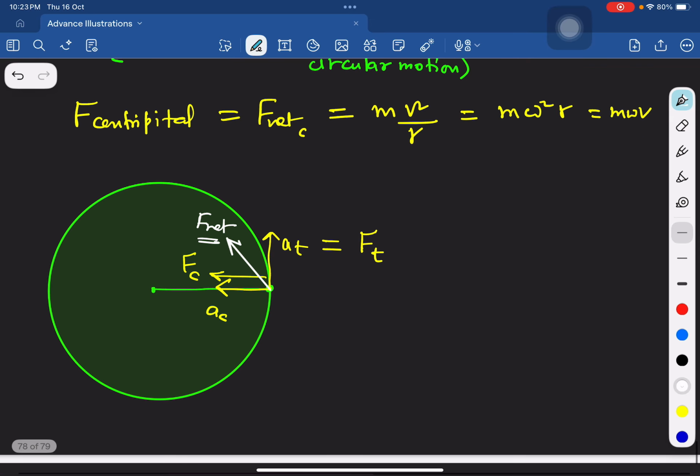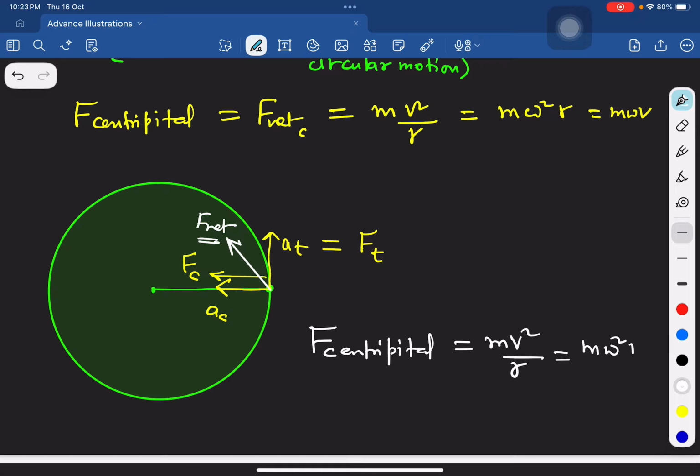But here also, the F centripetal at that moment, whatever the centripetal acceleration you have, is v square by r at that instant. So m v square by r, or m omega square r, will be the centripetal force you need at that point of time.